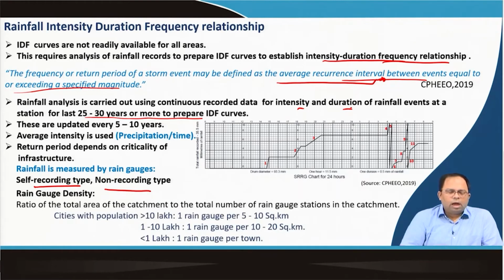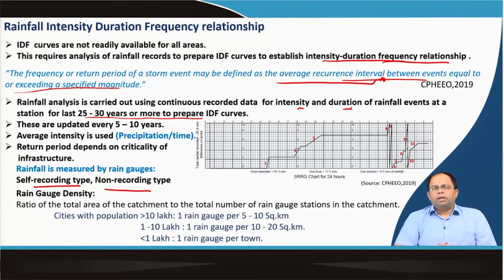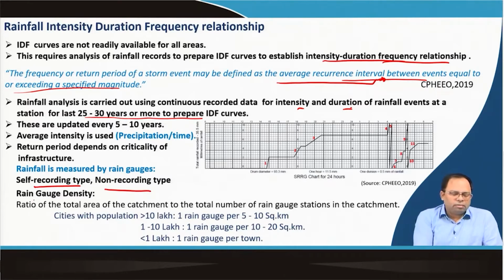Now, at what intervals should we place gauges? It is not only the intensity that varies over a rainfall event, but the area-wise rainfall also varies. That can only be determined by putting rain gauge stations in every area, so the rain gauge density plays an important role.